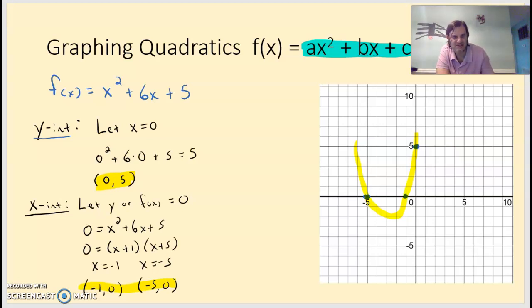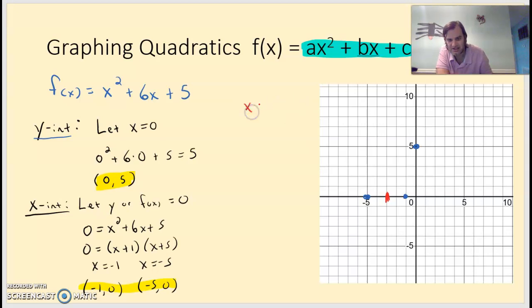So as an explanation here, let me take off the actual, there we go, and kind of discuss. We got these two x-intercepts in this particular one, -1 and -5. And the U is symmetric. So halfway between -1 and -5 would be at -3.